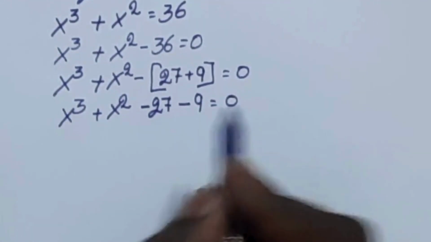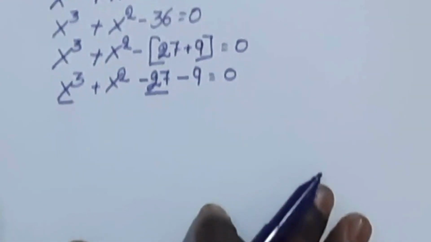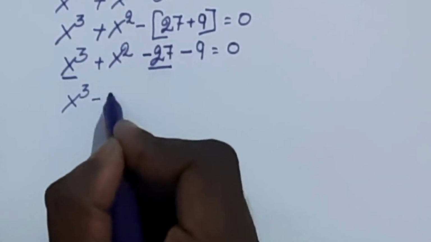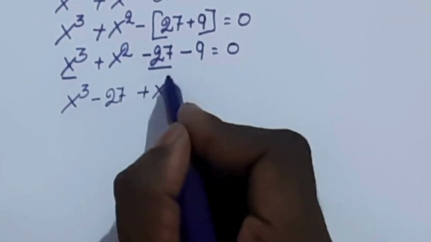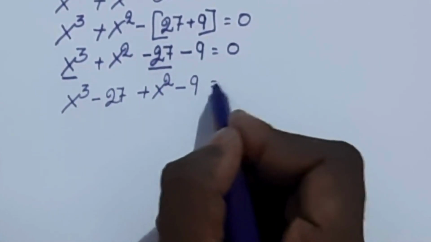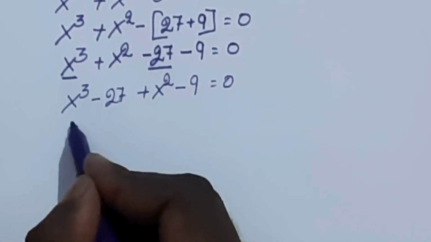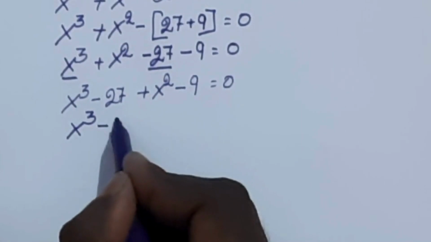Now rearranging this, x^3 - 27 + x^2 - 9 = 0.